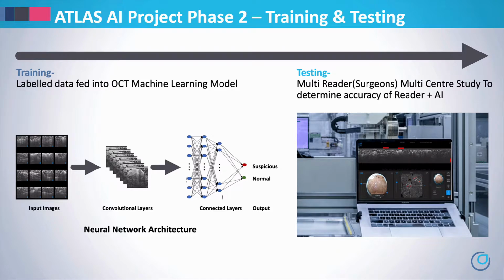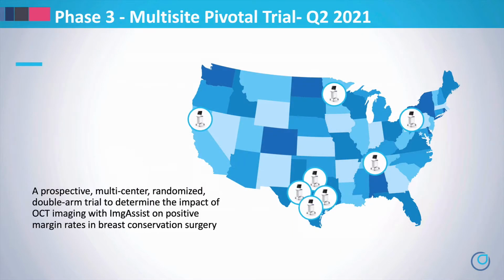The plan is to test this out with a multi-reader, multi-surgeon, multi-center study to determine the accuracy of surgeons, readers, and the artificial intelligence identifying individual areas, individual spots, if you will, that could be positive margins. And so here is the pivotal trial that's going to be rolled out across the United States.